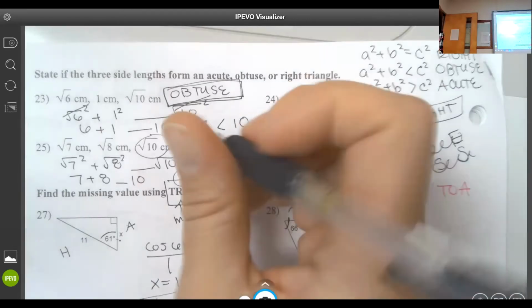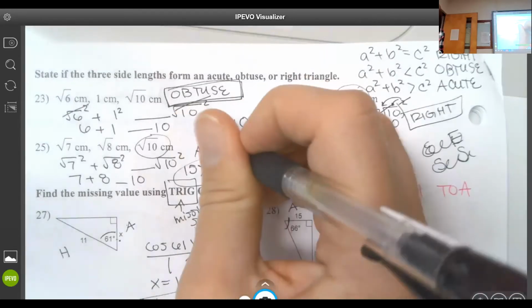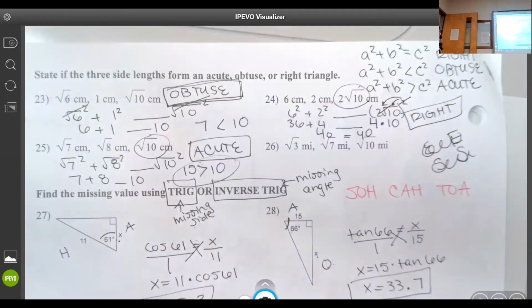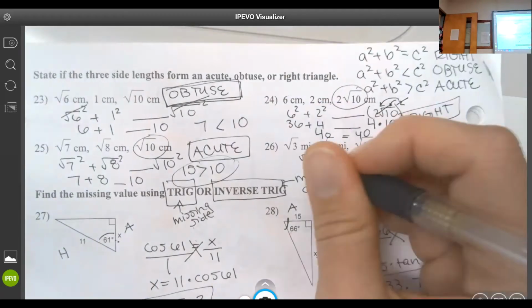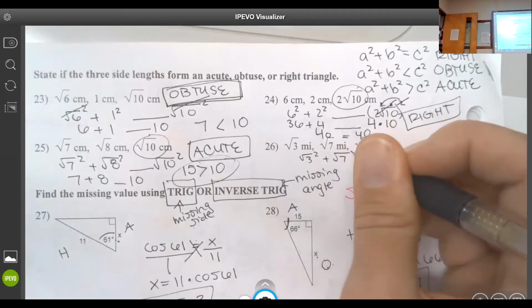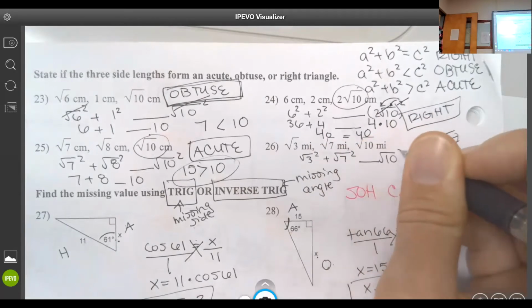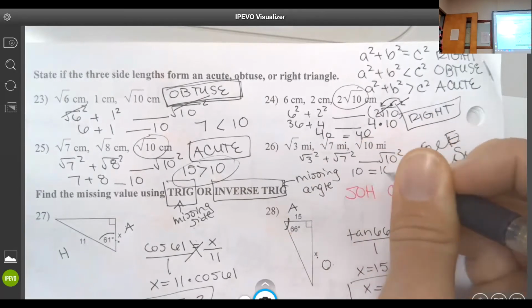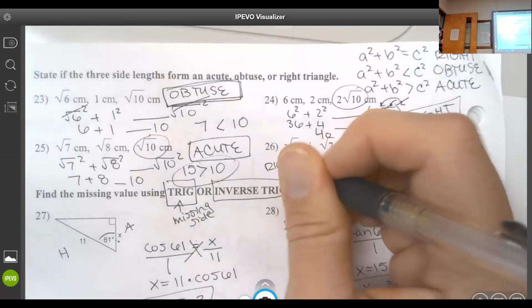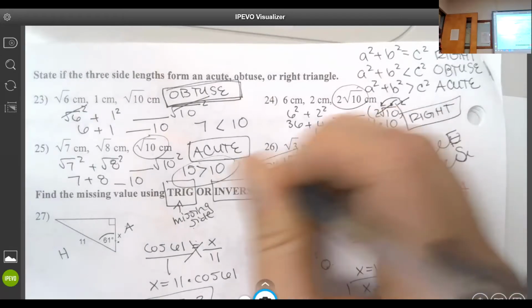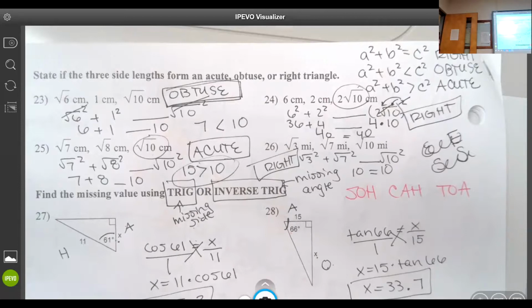Acute. And same here, rad 3 squared plus rad 7 squared compared to rad 10 squared, which is going to give me 10 equal to 10, so this guy should be a right triangle. 3 plus 7, giving me 10 equal to 10.